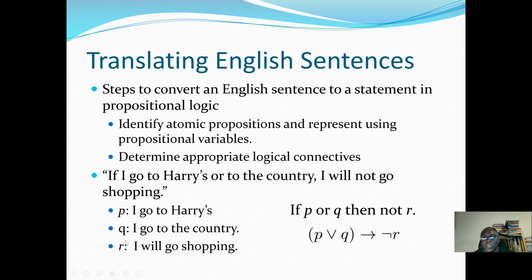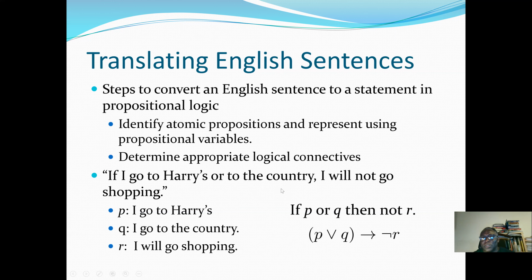The only thing we should know here is that in order to identify atomic propositions and represent them using propositional variables, we need sentences with no or, no and, and no period. So if I go to Paris will be 1, because there's an or, so I can't combine the 2.